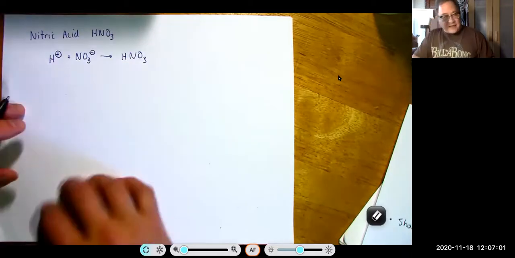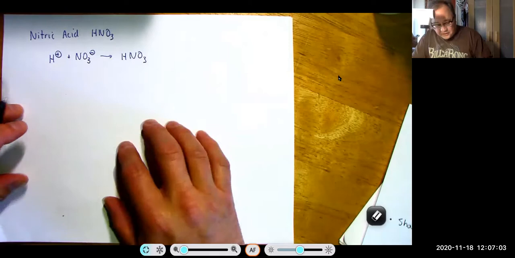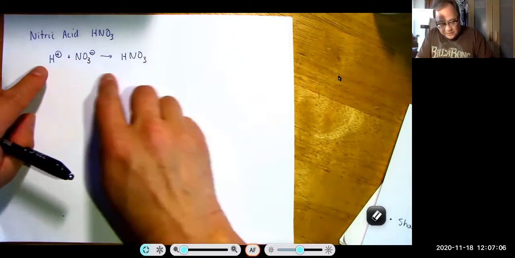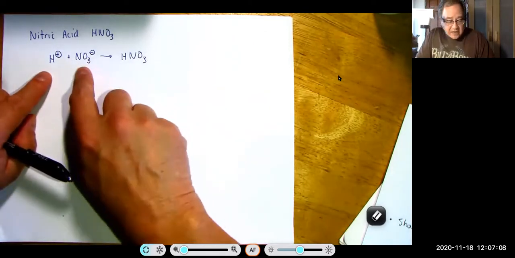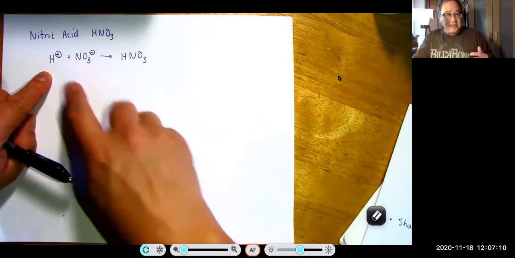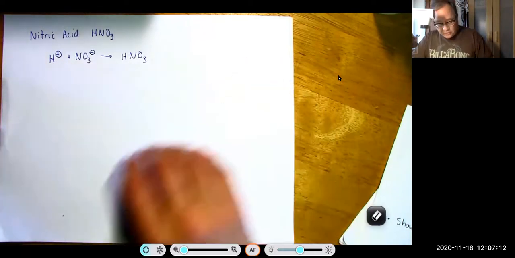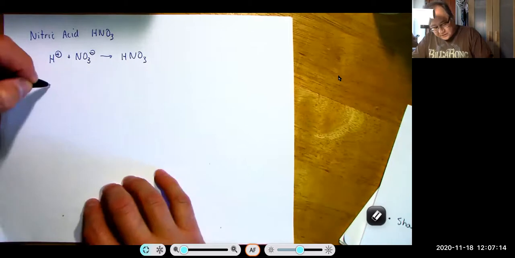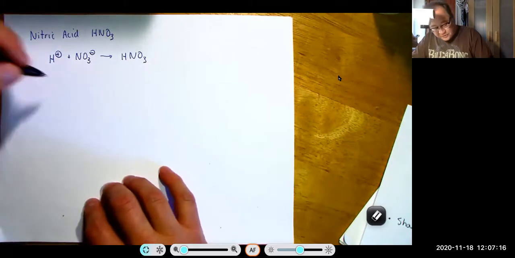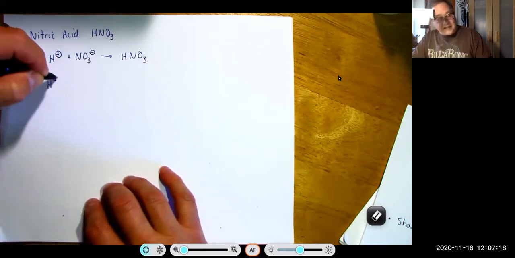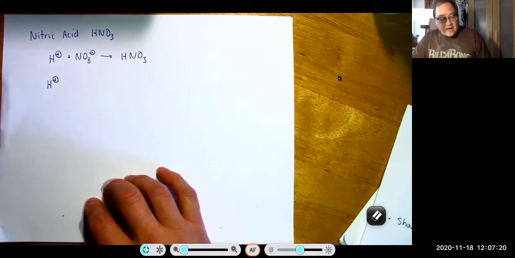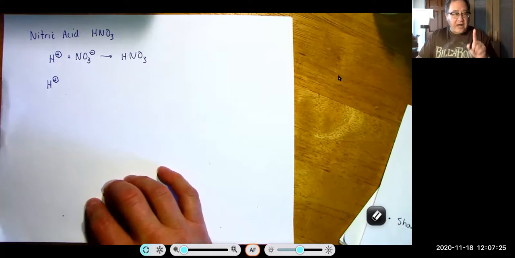We saw that back in the acid chapter. So really, this is going to be the Lewis structure of the nitrate ion plus a hydrogen ion. The Lewis structure of the hydrogen ion is simply H, because a hydrogen atom has one dot on it, so a hydrogen ion has no dots.